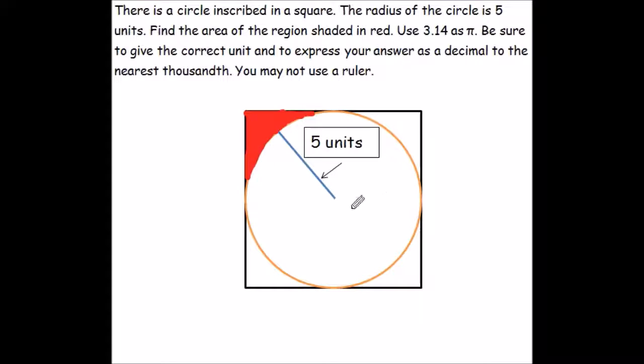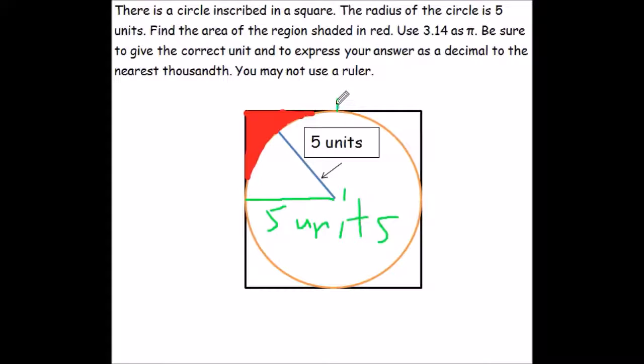Because if we take a look here, the radius of a circle is a line from the center to the edge of the circle. So if we draw a line right here, that's still the radius of the circle. And the length of that would be 5 units. And if we look at this, since that's 5 units, guess where else you see a line like that?